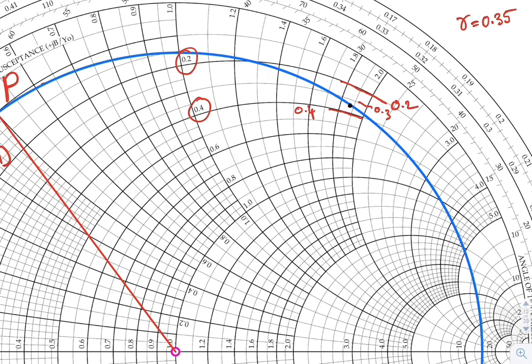Similarly, if you want X value, this point is in between these two lines, and this line is 1.8 that you can see from here. This is 2.0, that means this point is 1.9 and it is very nearer to 1.9. Therefore I can say X value is equal to 1.87.